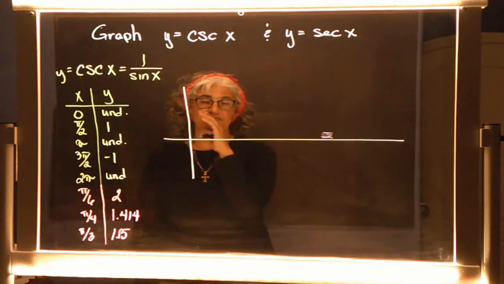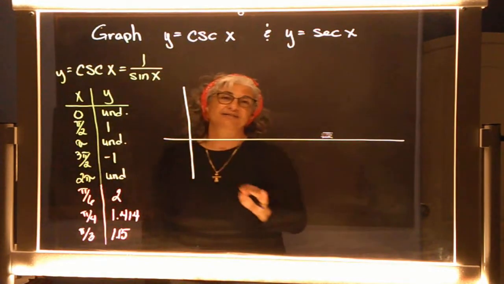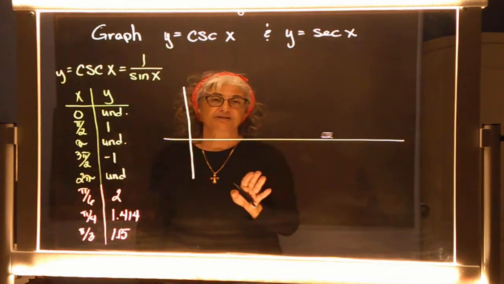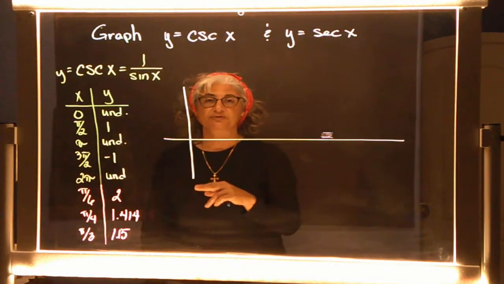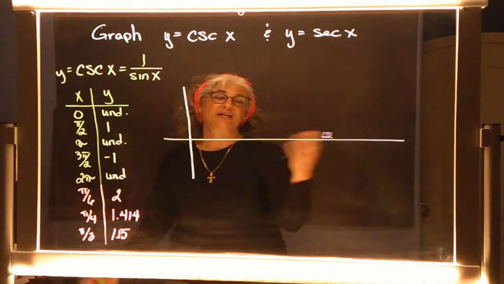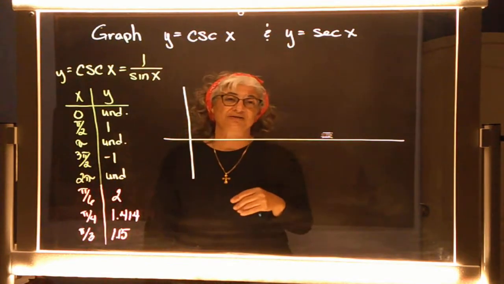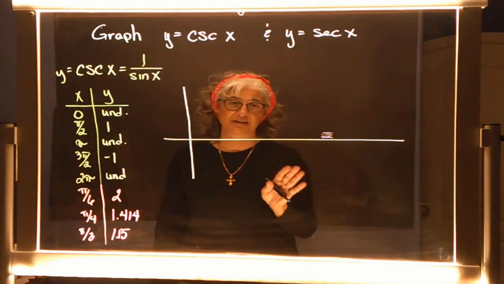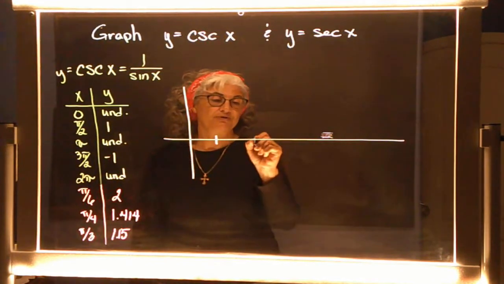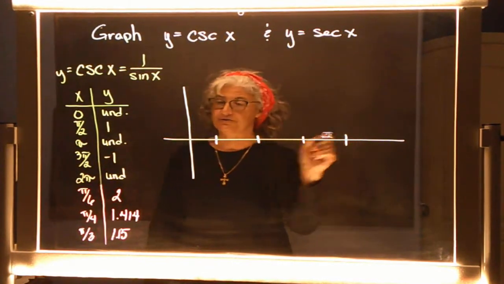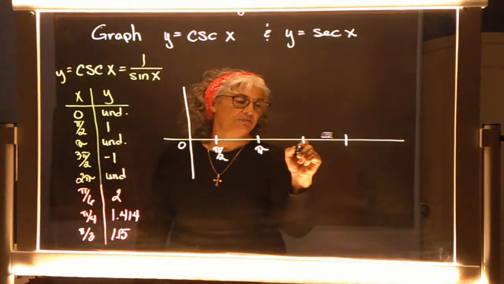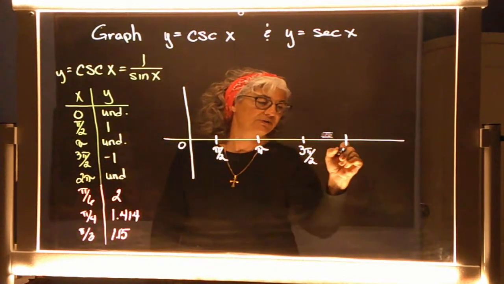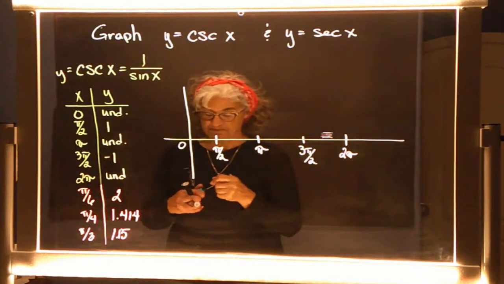So let's take a look at this. Now, there's nothing added or subtracted to this, right? Are you with me? So I don't have to worry about those characteristics we spoke about in a previous section, because there's nothing tacked on to cosecant, nothing added or multiplied to it. So I have my typical four quadrants, or four intervals, starting at 0, pi over 2, pi, 3 pi over 2, and then 2 pi, right?